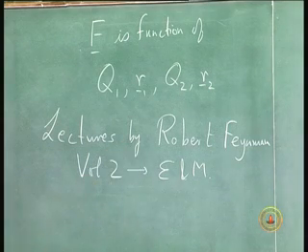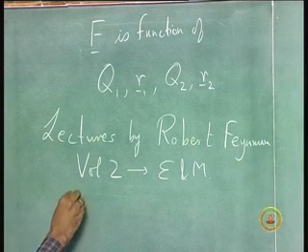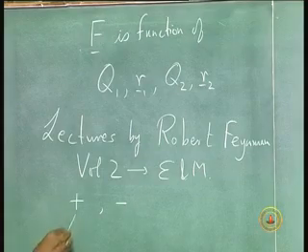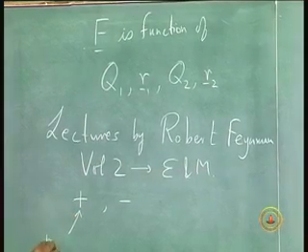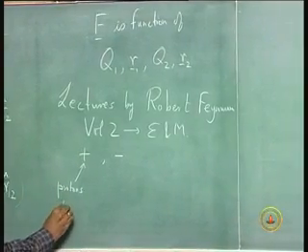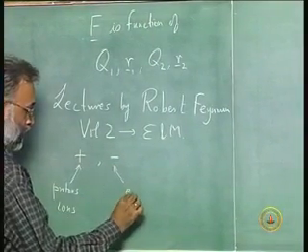You know that charges come in 2 types. There is positive charge and there is negative charge. Positive charges include protons, ions. Negative charges include electrons.